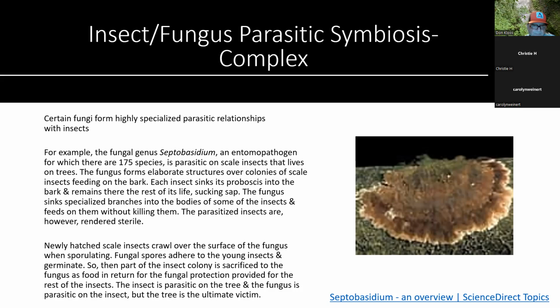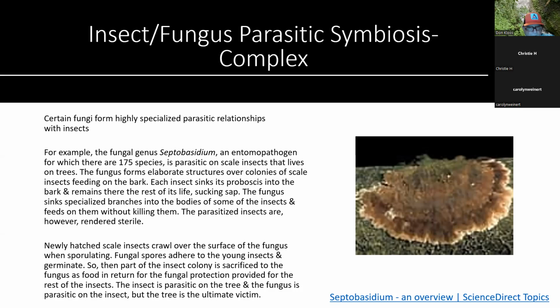The fungus, covered over them, of course, sinks specialized branches into the bodies of some of those shield insects and feeds on them without killing them. And the caveat with this is those insects that are parasitized by the fungus become sterile.